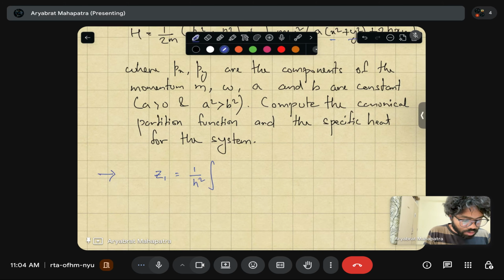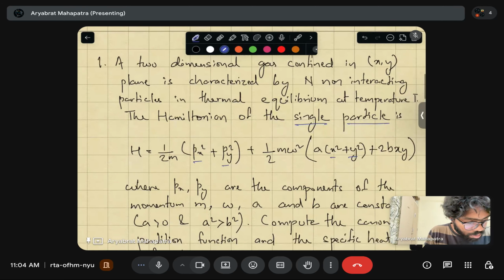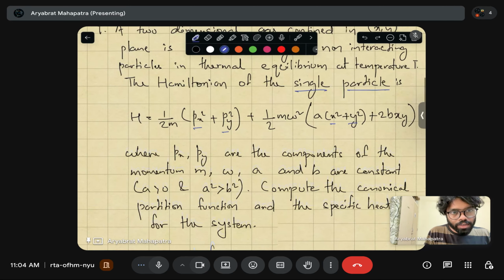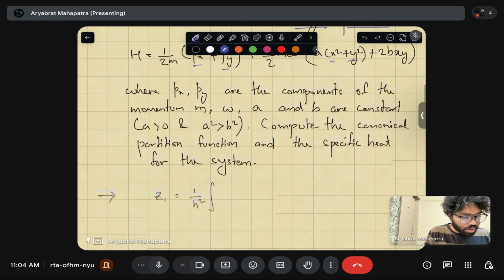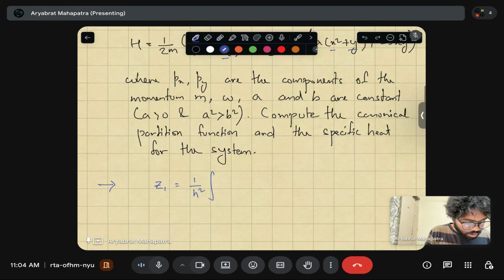This is a two-dimensional plane, so there will be two integrals over position, x and y, and two integrals over momentum. So it would be something like exponential of minus beta H, dx dy, then dpx dpy.